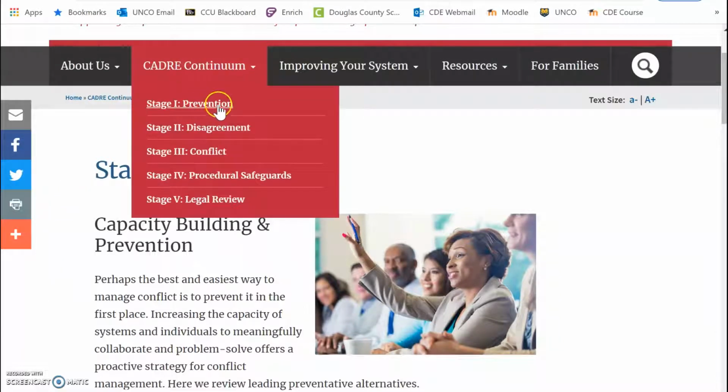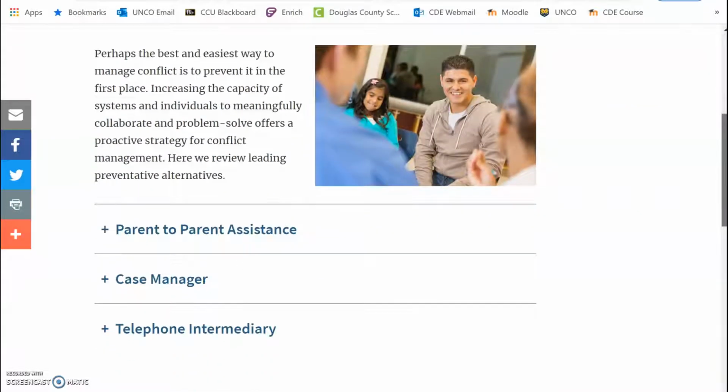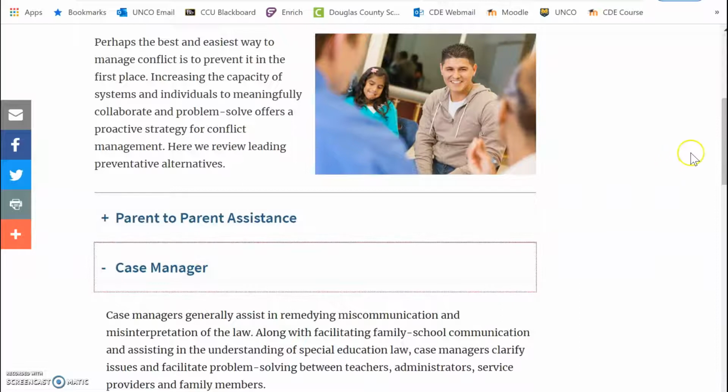And you'll see next that obviously, although we do implement everything we can to prevent conflict from coming up and causing problems, to build those trusting foundations in our relationships with parents, families, and guardians, disagreement does occur. So, in this stage, when families are disagreeing, what can be done?